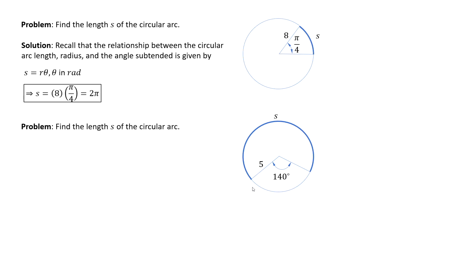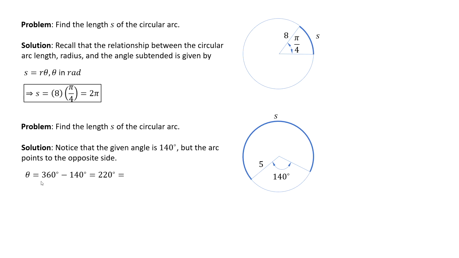Look at how clever these guys are. They want us to find this circular arc length, but they didn't give the angle subtended by that arc. Instead, they gave the other one, the complement of it. How clever they are. But we are equally clever, aren't we? Notice that the given angle is 140, but the arc points to the opposite side.